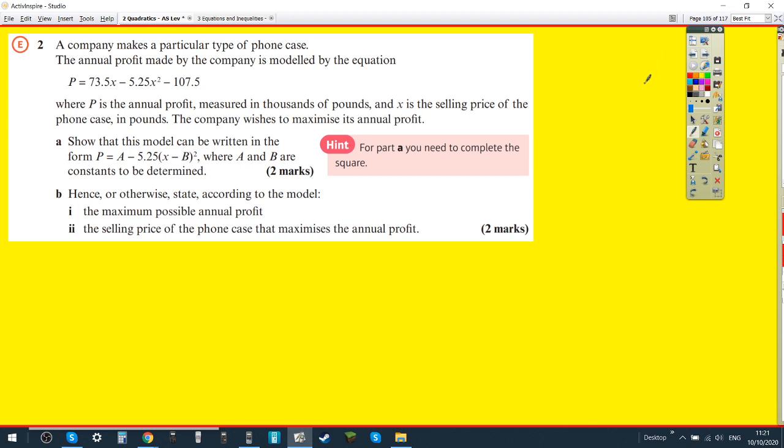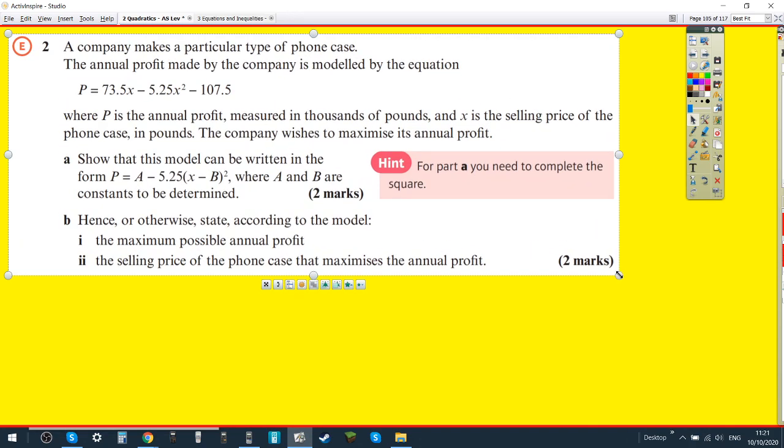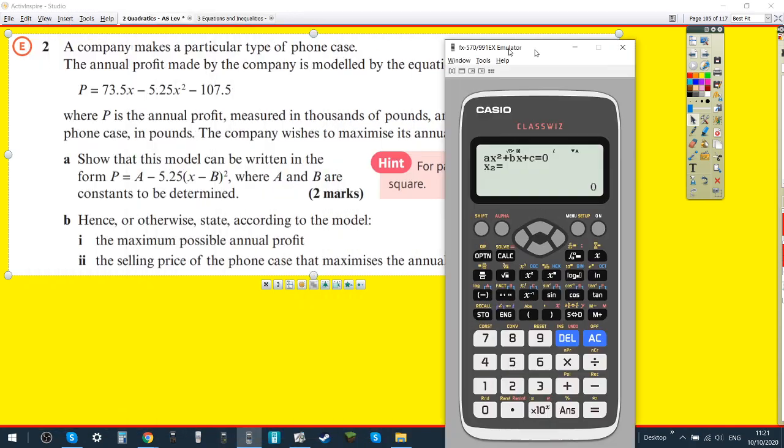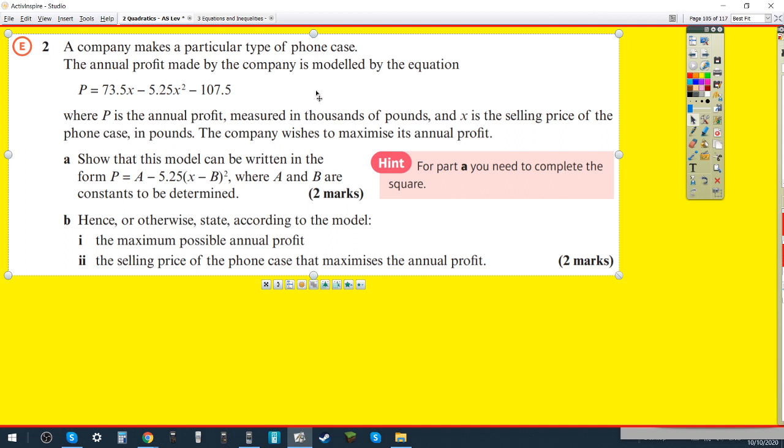Okay, how about this one? Would we find out the two roots first? Okay.